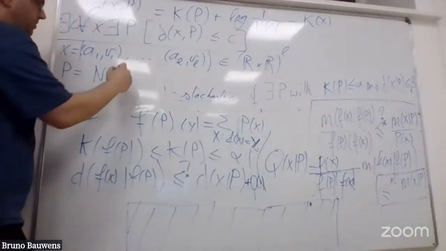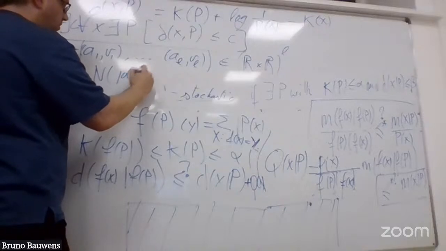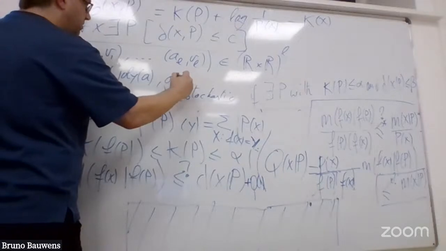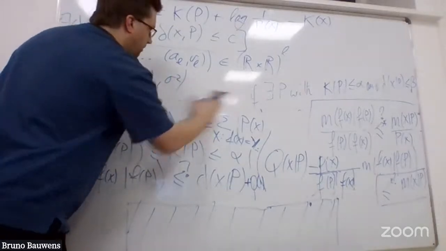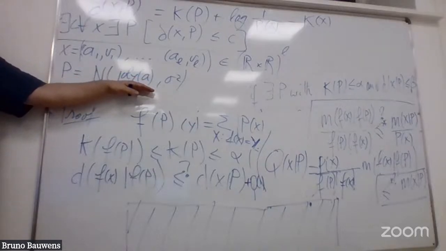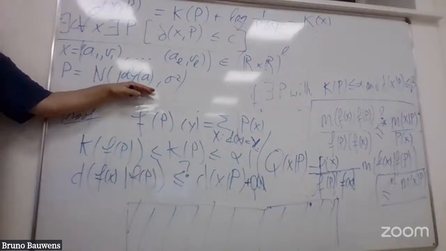And then you can have some polynomial of a, and then some standard deviation. Okay, this is a continuous measure, so you need to discretize, consider finite precision and have some bins and so on.